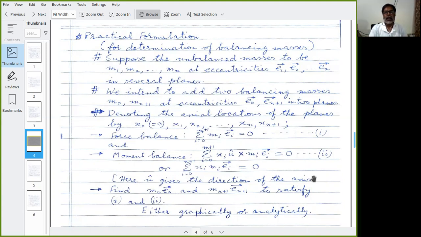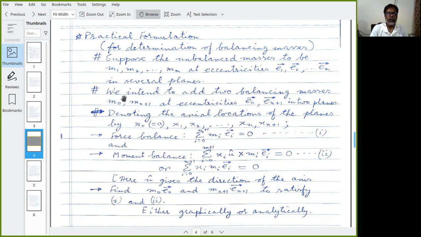Okay, so for the practical formulation to determine the balancing masses, suppose the unbalanced masses are M1, M2, etc., at eccentricities E1, E2, etc., at several planes. Note that these eccentricities are vectors because in the transverse plane they can be in any direction.